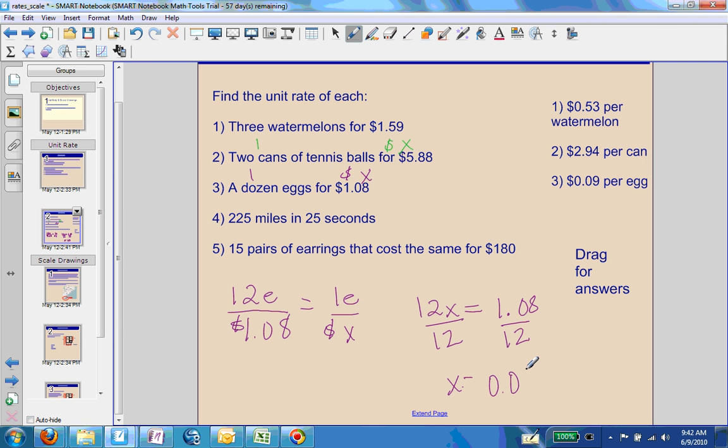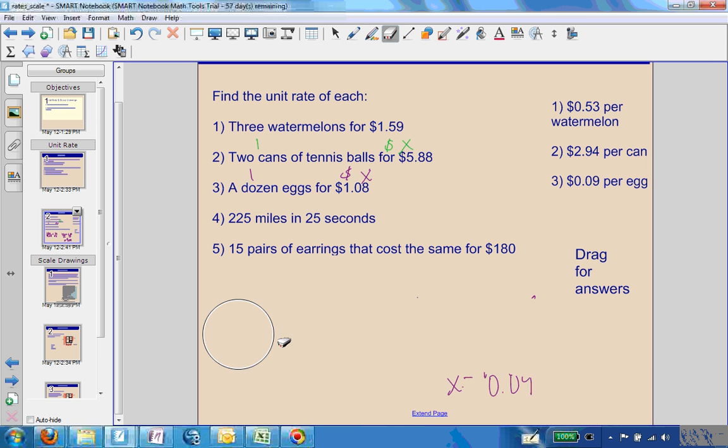In the next example, example number 4, we're going to set it up the exact same way. So we're going to end up with 225 miles in 25 seconds. And this time let's just divide.